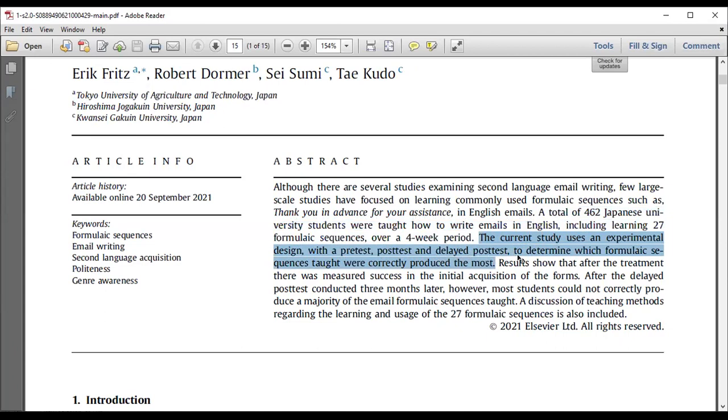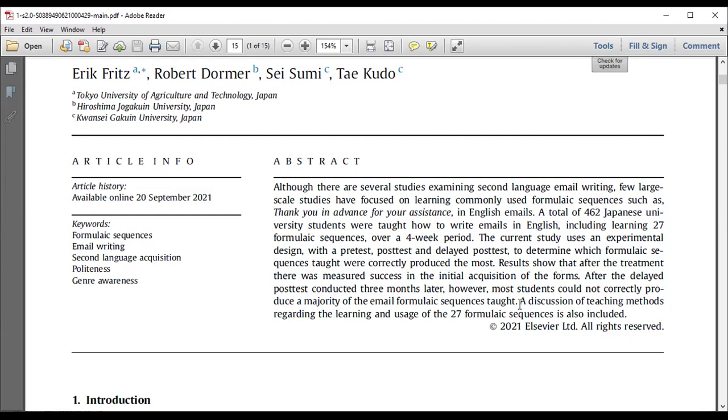These words are used for method. Results show that. Result is Move 4. Results, results show, and so on. Now, what about this one? After the delayed post-test conducted 3 months later, however, most students could not. Yes, this is the result.